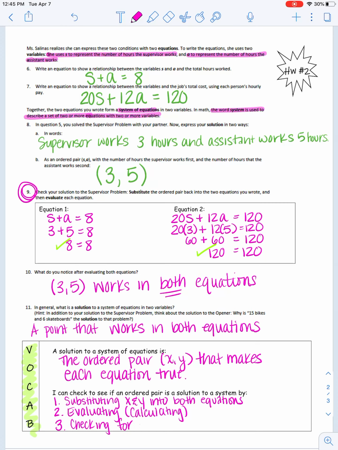And number 3, we're checking for a true statement in both equations. And that is your definition.